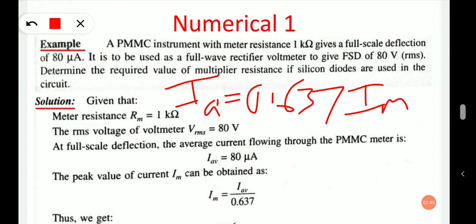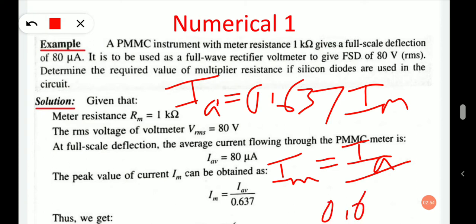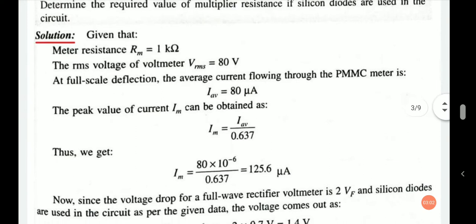So from this we can write Im as I average upon 0.637, and from that we can calculate the maximum or peak value of current.